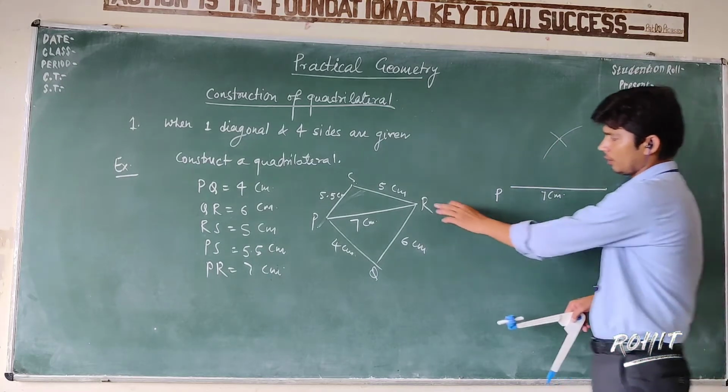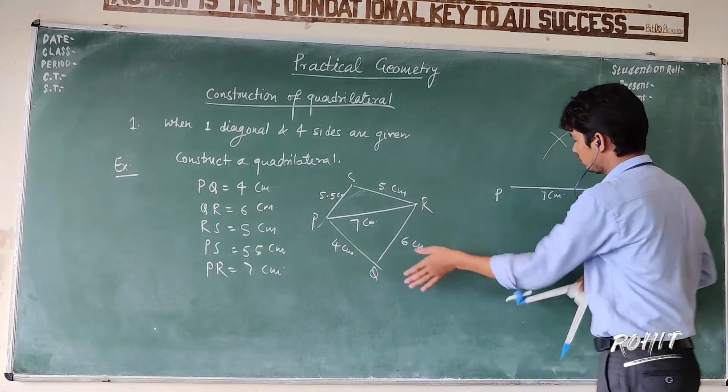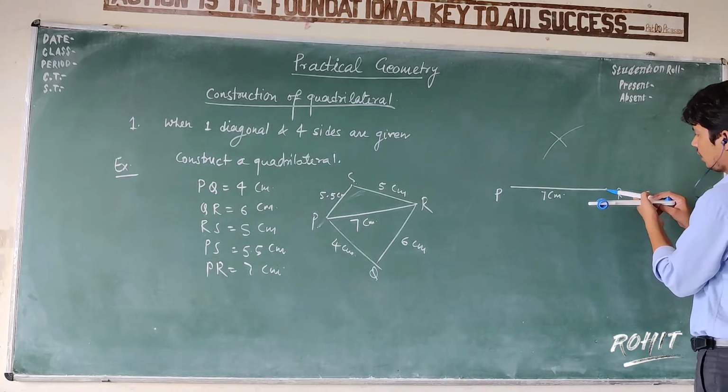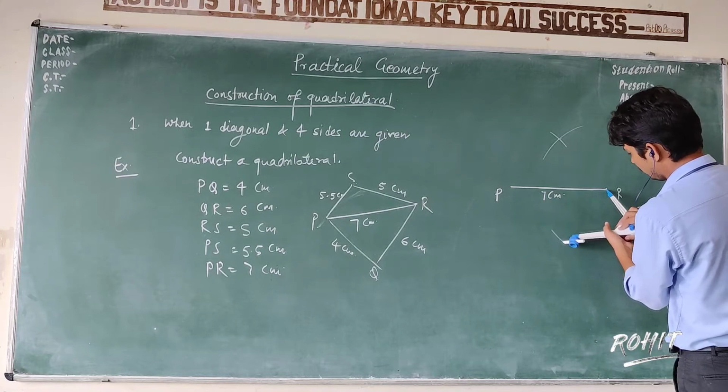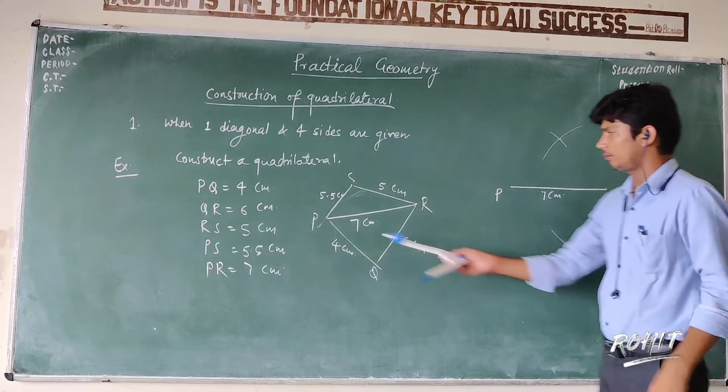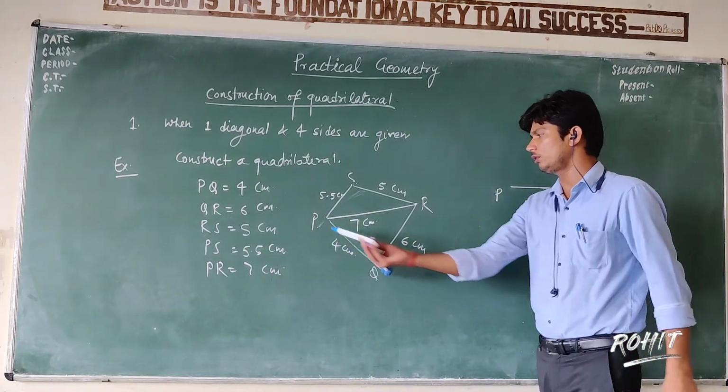Now RQ is 6, so take R as the center and draw an arc. Again, this PQ is 4 centimeter.